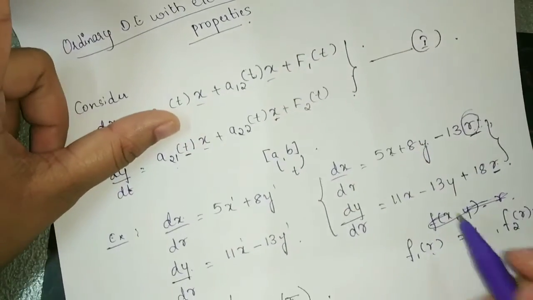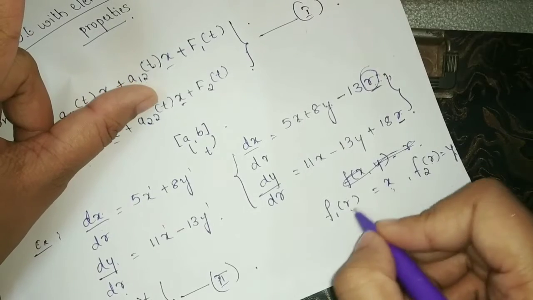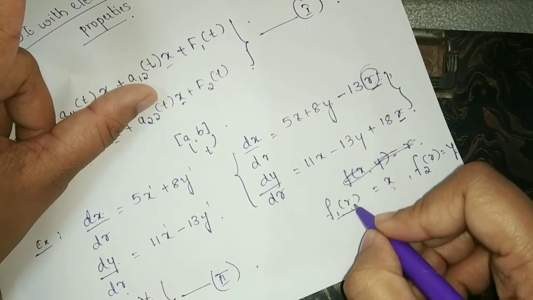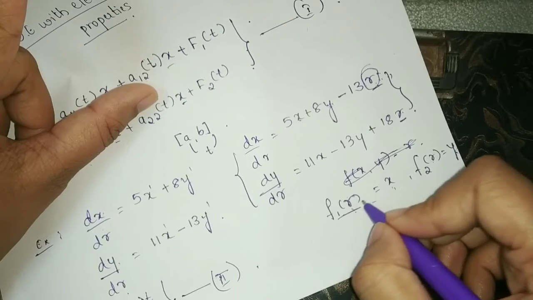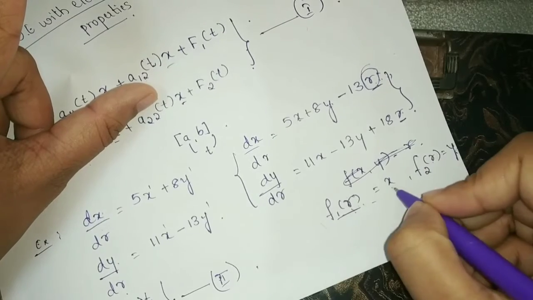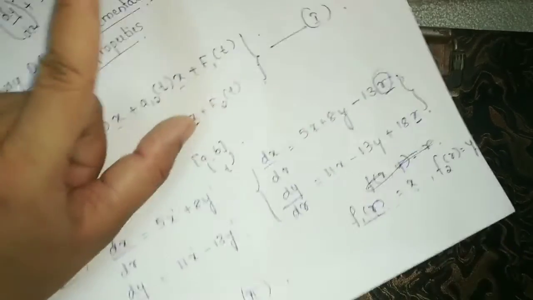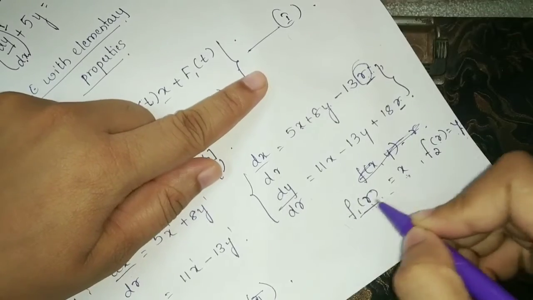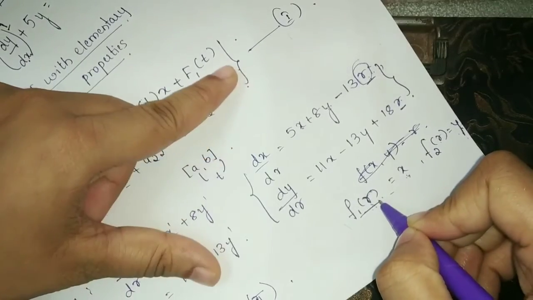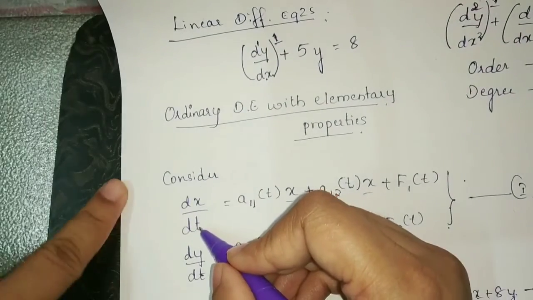Once we recall that here, if you are having these types of equations, you can see that the independent term is a function like this, x and y. This x and y are determined by this independent variable. Similarly, in this case we have the independent variable t.